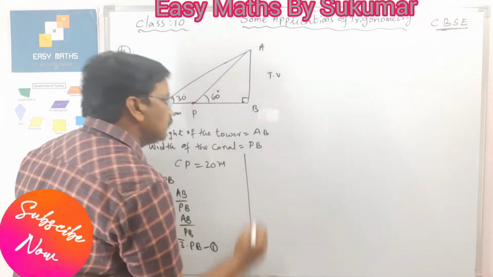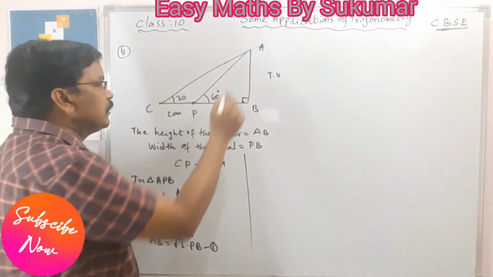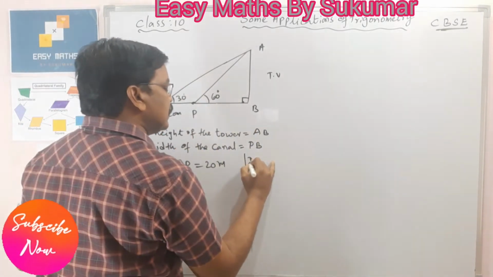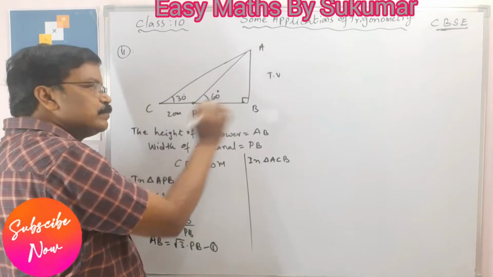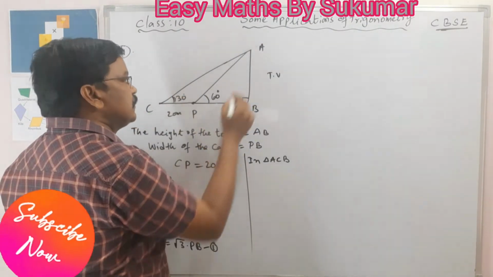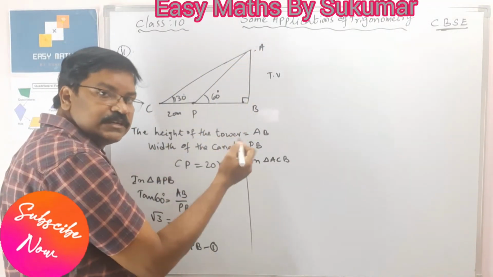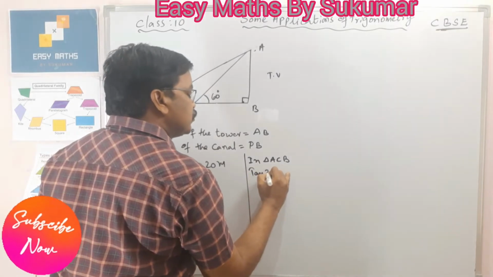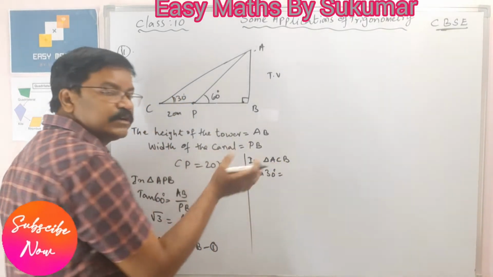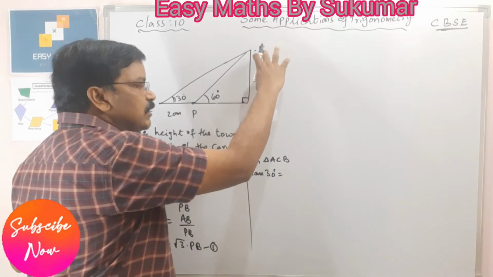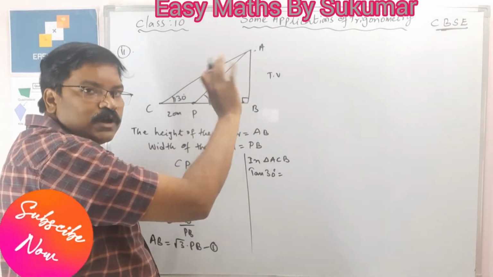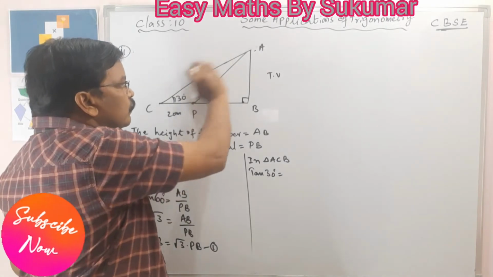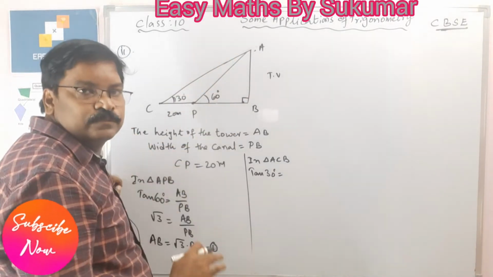So coming to the other triangle ACB, take the triangle ACB. What is the acute angle here? This angle ACB is 30 degrees. So take tan 30 degrees. Why are we taking only tan 30 here? This is the relation between opposite side and adjacent side, and we don't want AC here, right?